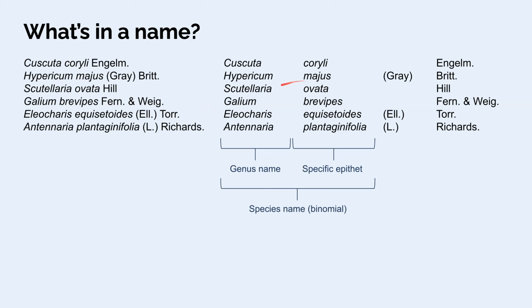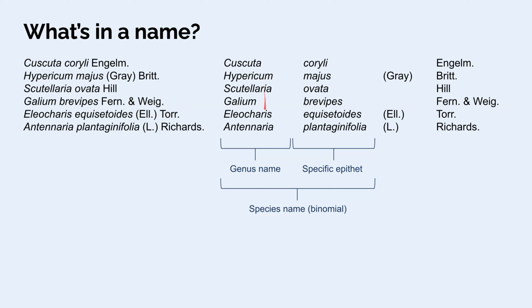So Hypericum majus, this means bigger. Scutellaria ovata, this is ovate, probably describing the leaves. Galium brevipes, brevipes is probably a short pedicel or something like that. And so it's just this little characteristic about it, not telling you about that species exactly. It's more like a defining adjective that separates it from other ones that it might be confused with.